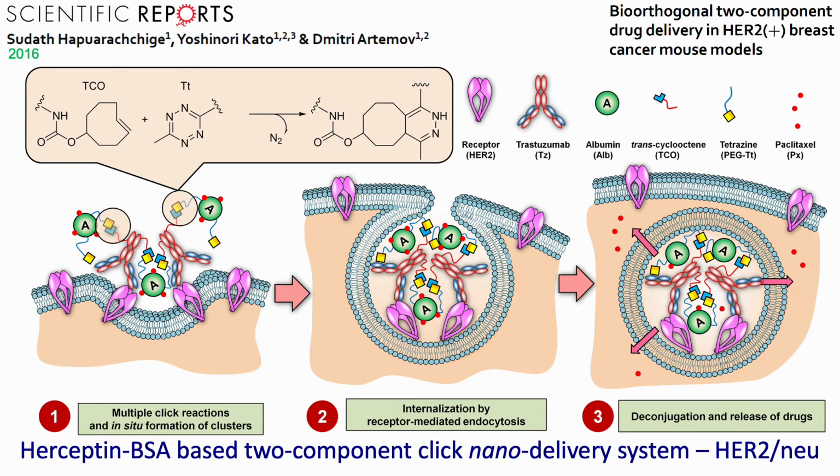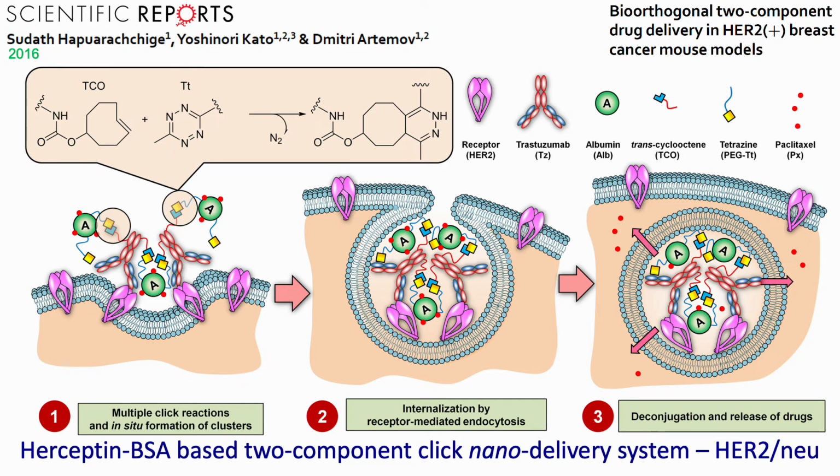The next example I've picked is for HER2 targeting in breast cancer. And this is actually a pre-targeting bioorthogonal two-component drug delivery system that incorporates imaging. And this is something my colleague Dmitry Artemov has been developing for a few years.